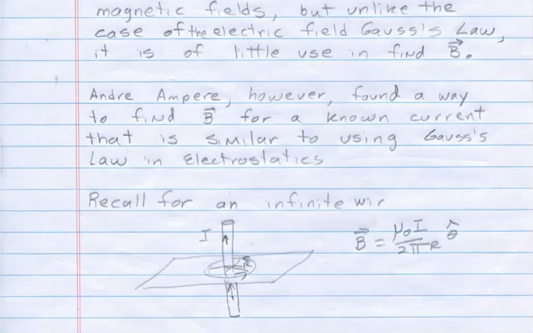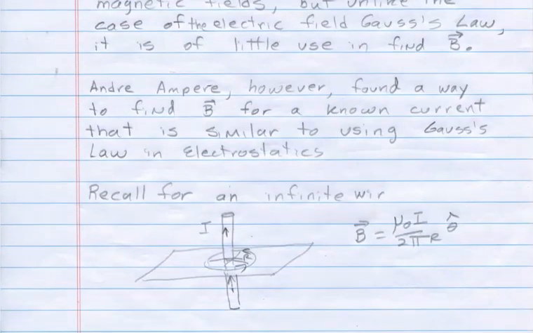But Ampere found a way to find B for a known current that is similar. It's not exactly the same, but it's similar to the way Gauss's law in electrostatics is used.